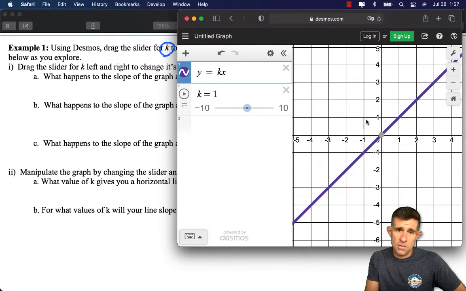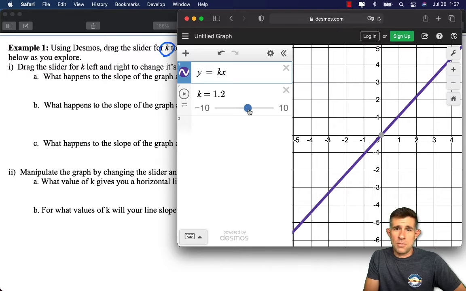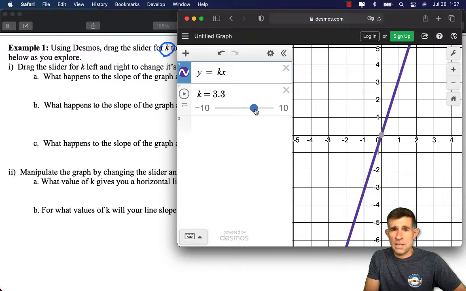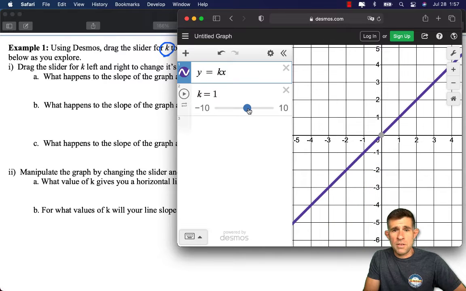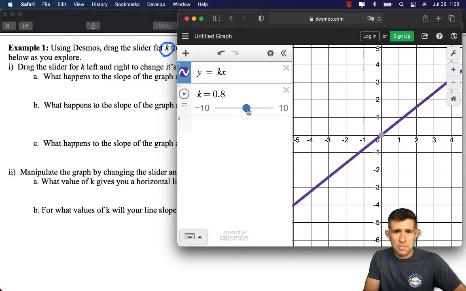And that's that 45-degree line, that line y equals x, where all the points on that line have the same x and y values. All right, as we keep dragging it larger and larger in the positive direction, you'll notice that that line gets steeper and steeper, and it also gets closer to the y-axis. But it never crosses over that y-axis. As it gets lower and lower, but still remains positive, it gets closer to the x-axis and a lot less steep.